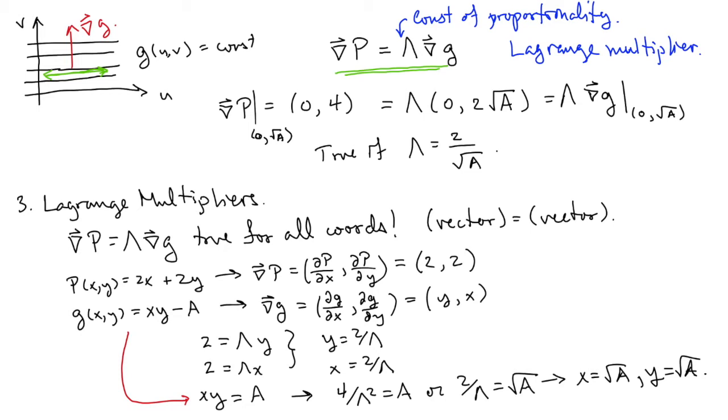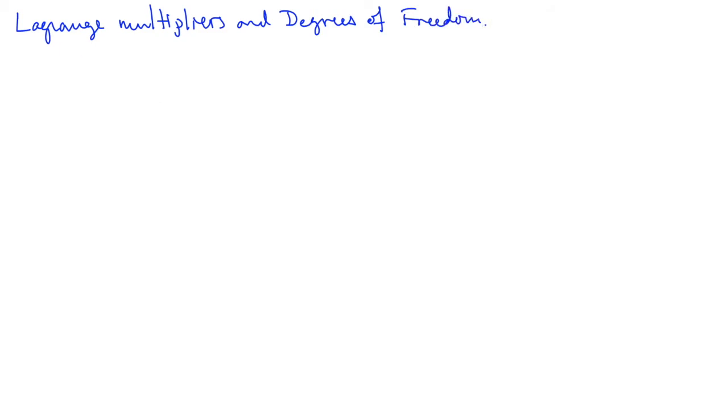Now, before we move on to talking about how to do this in a variational calculus situation, applied to variational principles, let's note one more thing about this method of Lagrange multipliers that we've already developed. That is to say that Lagrange multipliers effectively are increasing the number of degrees of freedom, or the dimension of our problem.